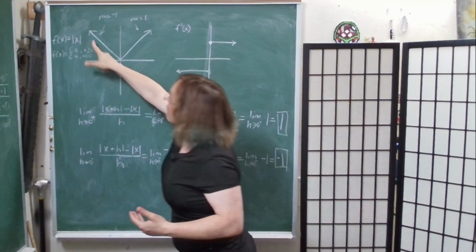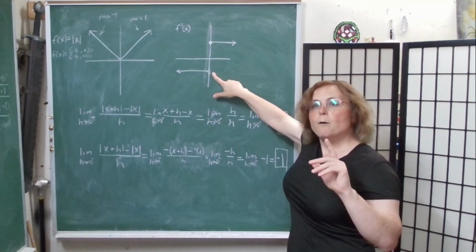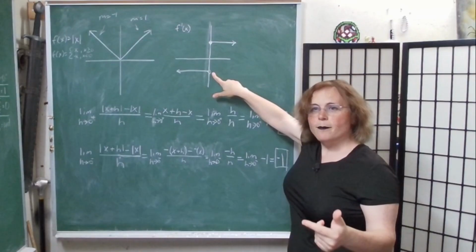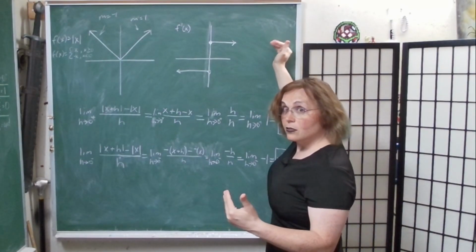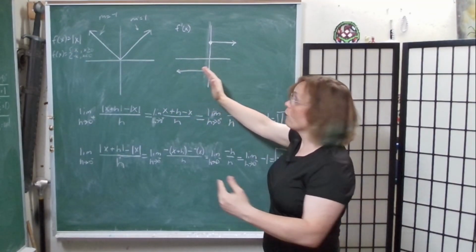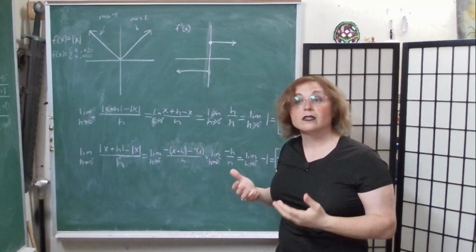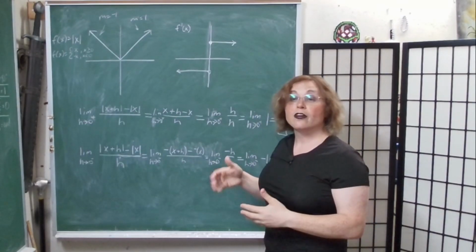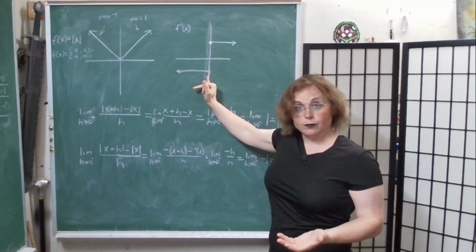And then we have a negative 1, so we would be here with an open circle. But with the derivative, we're taking the limit. So the limit from the right would be positive 1. The limit from the left would be negative 1. Because the limit from the right and left do not approach the same value, the limit does not exist. So therefore, at this point, we're not differentiable.